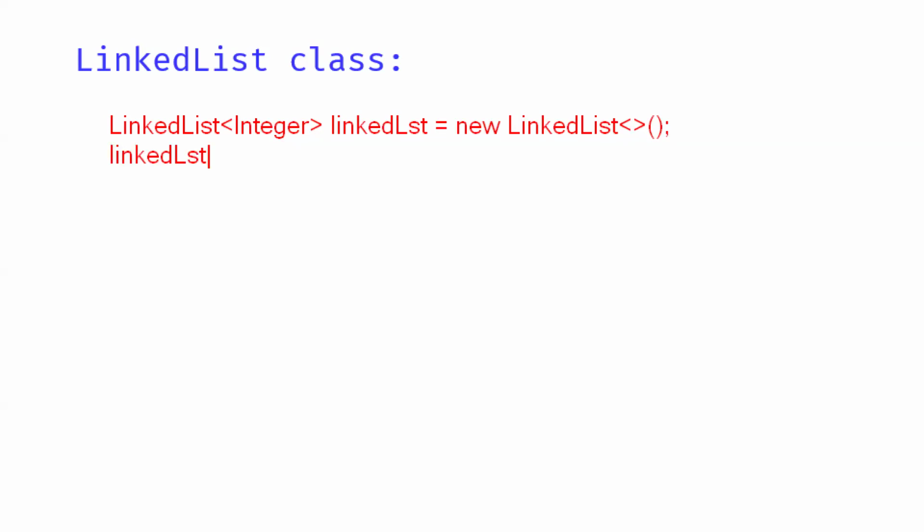Tell me, LinkedList, lst object name dot add of 10. lst dot add of 25. Some element. lst dot add of 15. Tell me how many elements I have added? 3 elements.